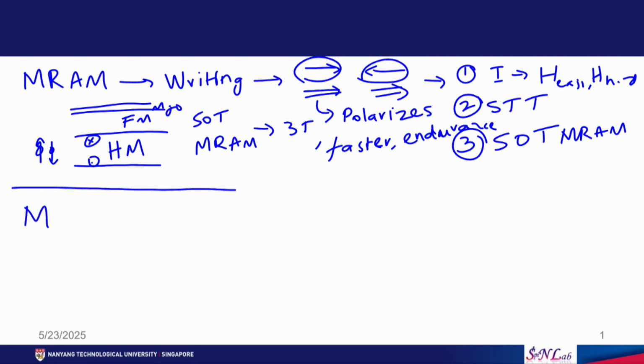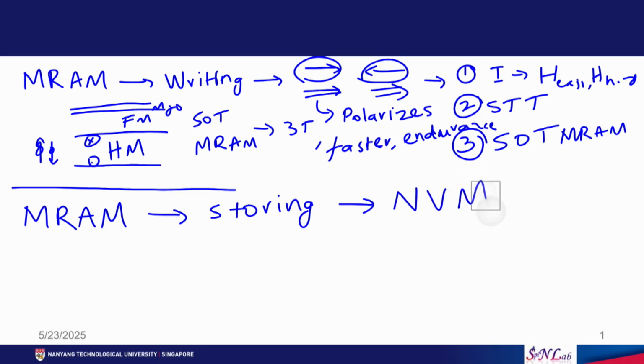Yesterday we were learning about the important aspects related to storing of information. MRAM is a non-volatile memory, which means it is supposed to keep the data even when you switch off the power. So the storage aspect is important.